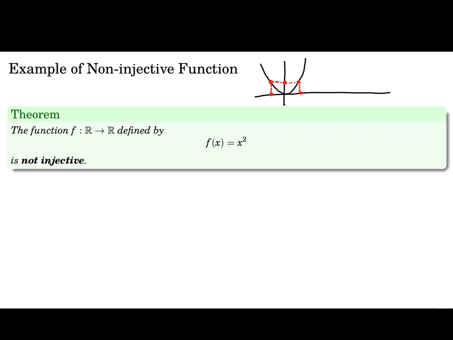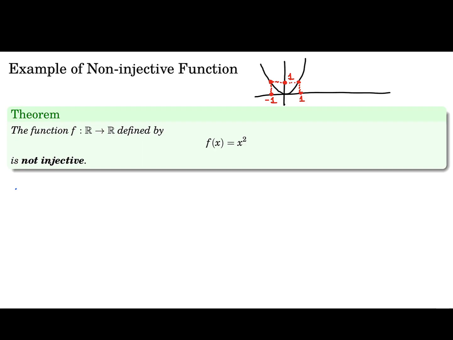As an example, if I take this point to be 1, then 1 squared and minus 1 squared are both equal to 1. And that can't happen, right? We have different inputs giving the same output.